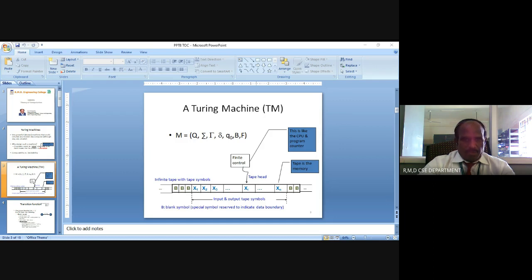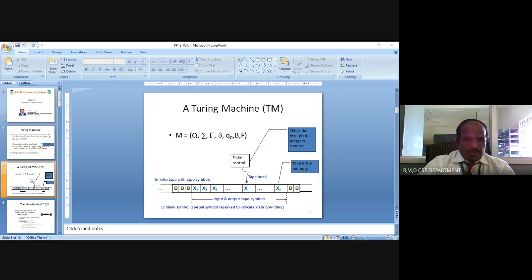Instantaneous description of the Turing machine is X1, X2, ..., Xi minus 1, Q, Xi, Xi plus 1 up to Xn, where Q is the current state. The tape head is positioned at Xi. X1 up to Xi minus 1 and Xi plus 1 up to Xn are the current tape symbols.